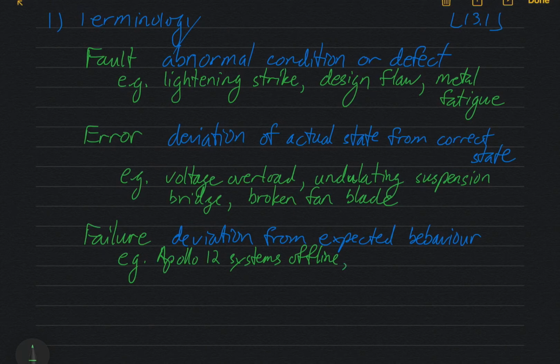In the case of the undulating bridge, which I didn't say it was called Galloping Gertie informally, it ended up collapsing. And there are cases where a fan blade has had metal fatigue, it wasn't detected, and in flight the blade broke off and caused the engine to blow up. So jet engine explodes.